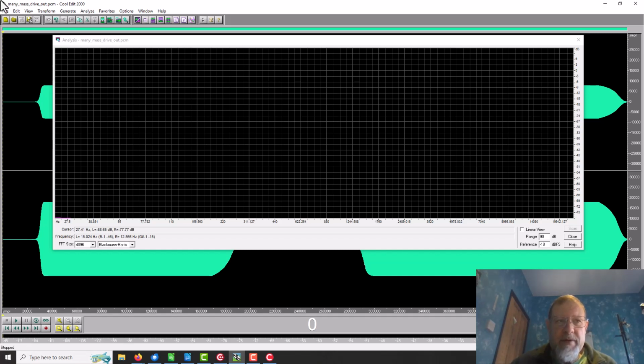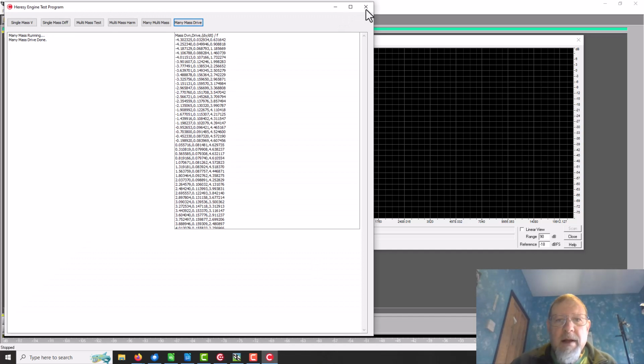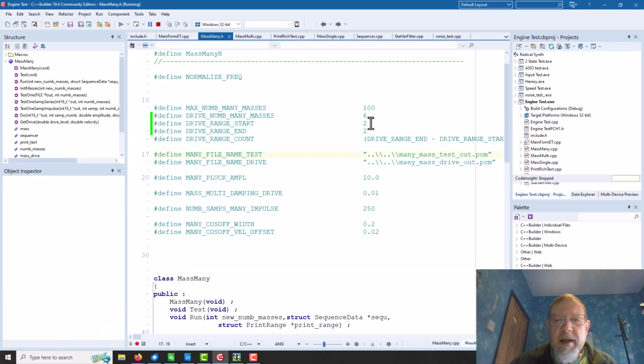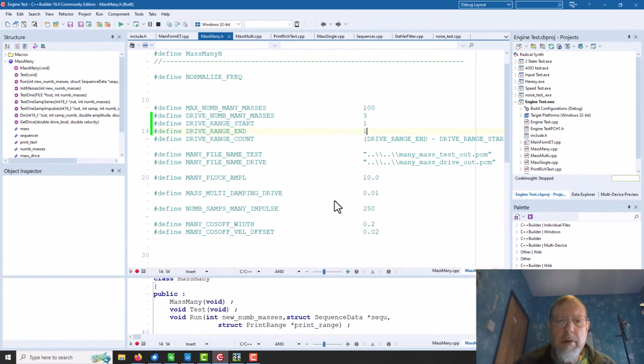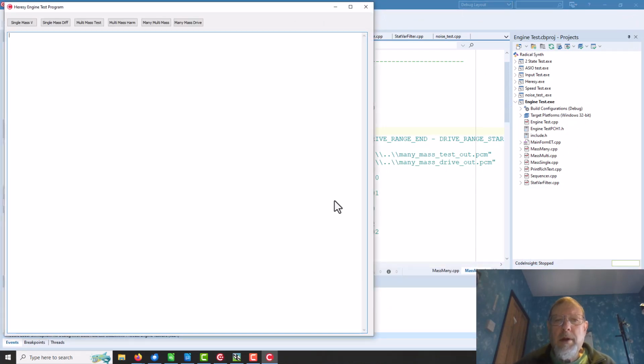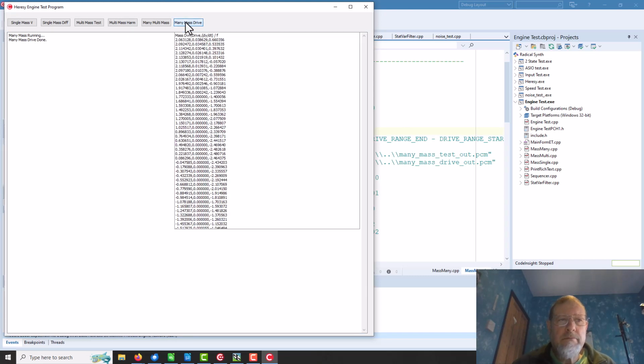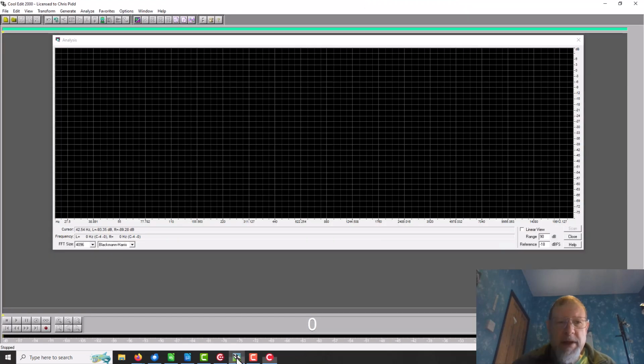So let's delete that and let us try 3 masses. And we will drive mass 1, shall we? Let's try driving mass 1 and we will wait for it to compile. And run it. Let's see what we get.